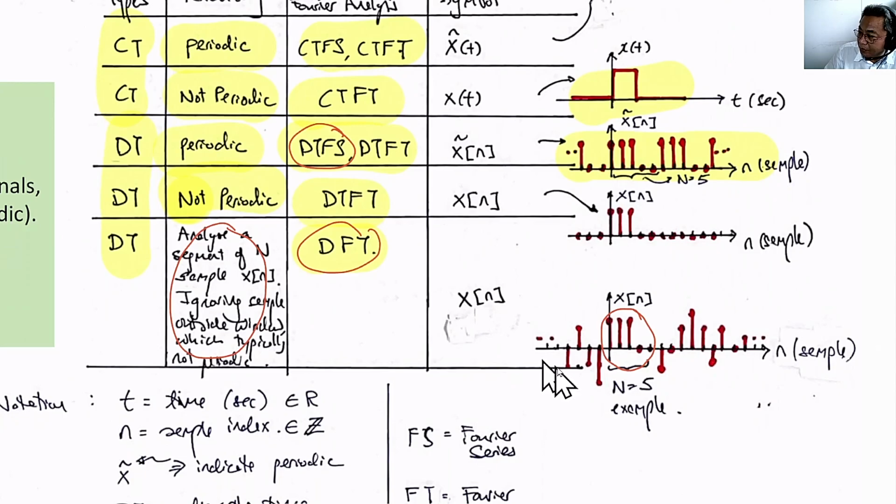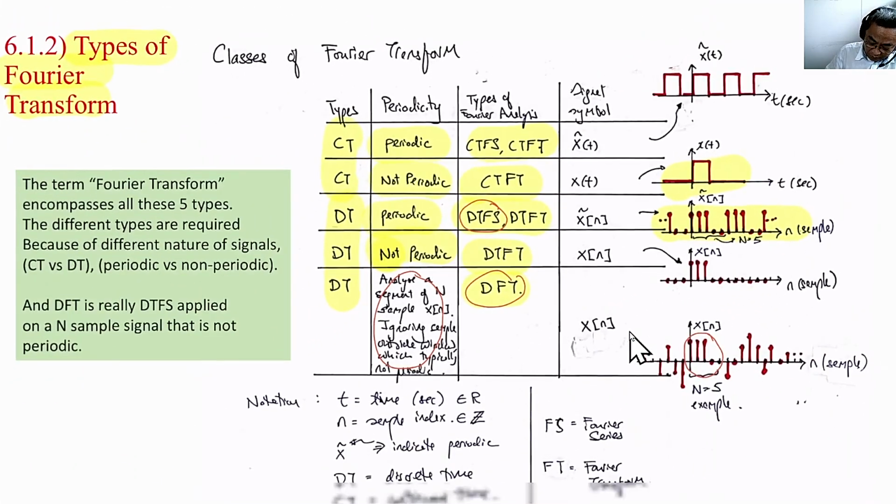Here the samples don't repeat. When we take this and use DFT on this, we are pretending that it is periodic. Later on, you'll realize that there are some things that you have to take care of when you are using DFT. So this is the nice picture to show the 5 Fourier transform pairs, or the 5 Fourier transform approaches.